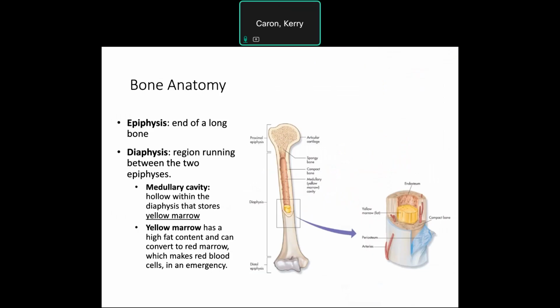It can convert to red marrow, which makes red blood cells in a pinch, in an emergency. So this is the backup plan. So yellow bone marrow in our long bones is more fatty, but in a pinch, if necessary, it can convert to red bone marrow, creating red blood cells.